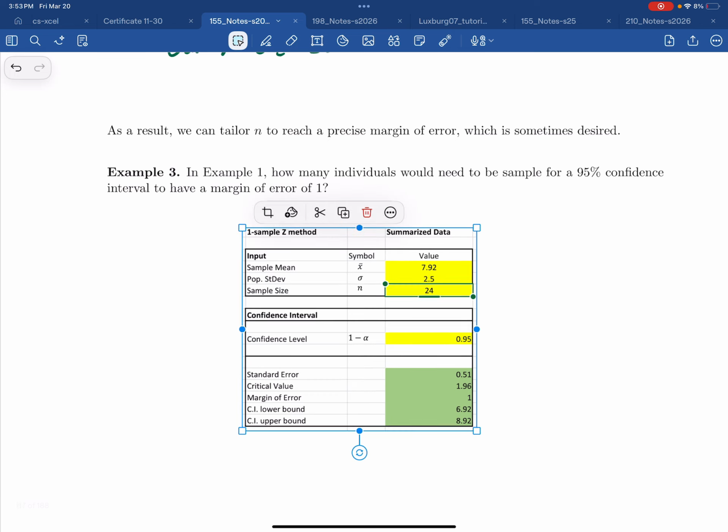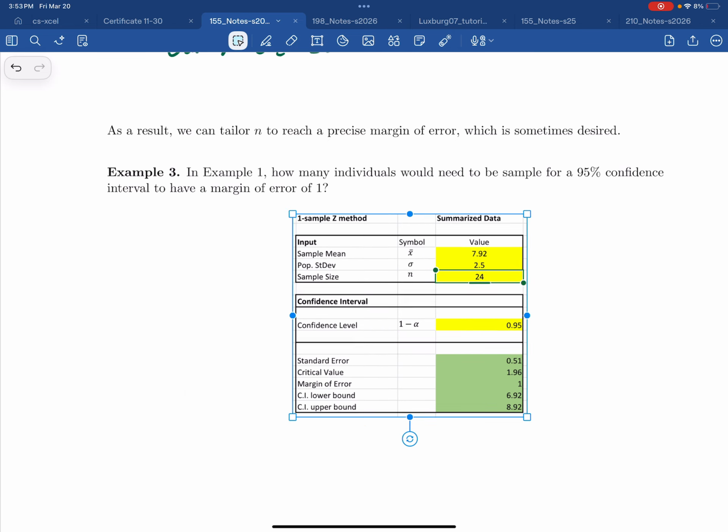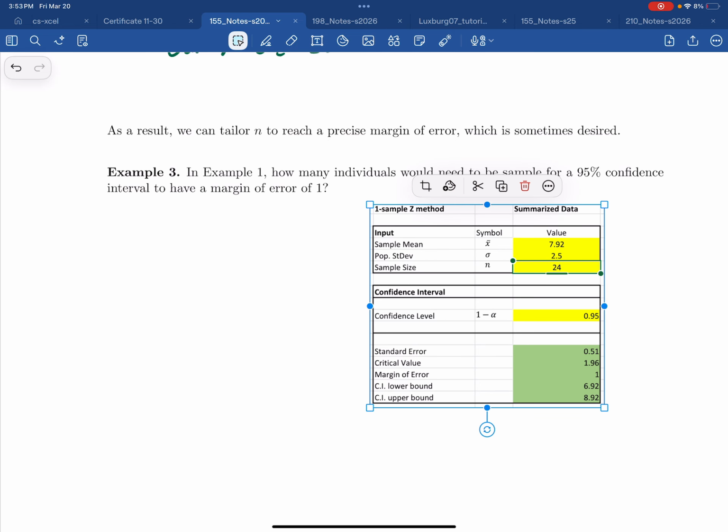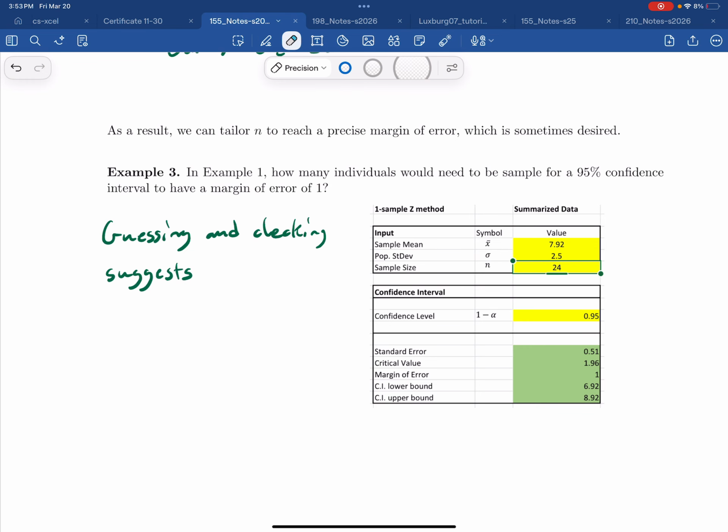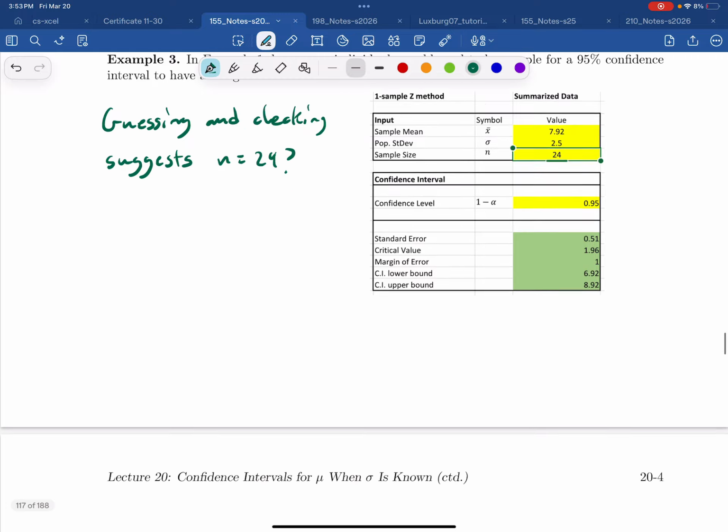All right, so on the one hand, you could say, let's put this over here, guessing and checking suggests n equals 24. But let's see if we can use a better approach.